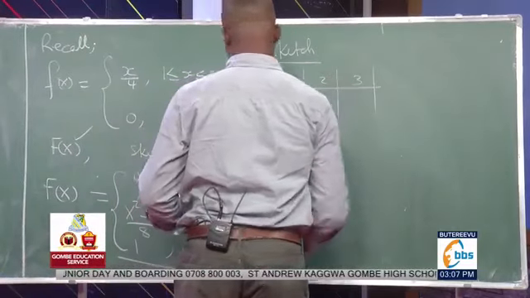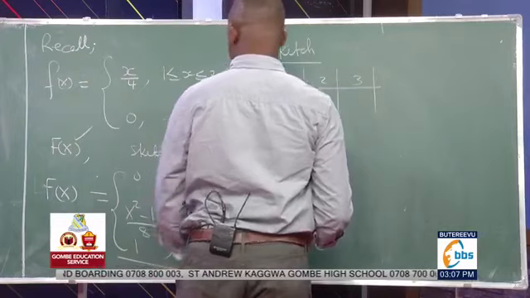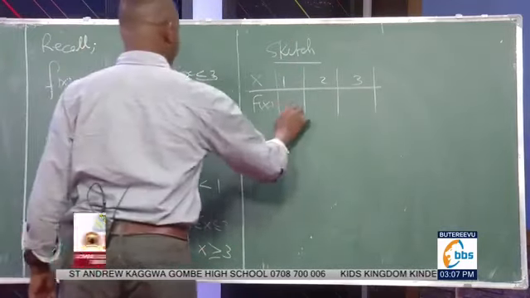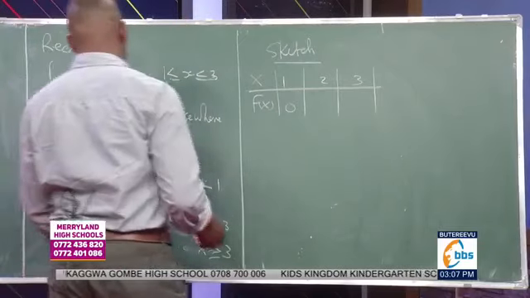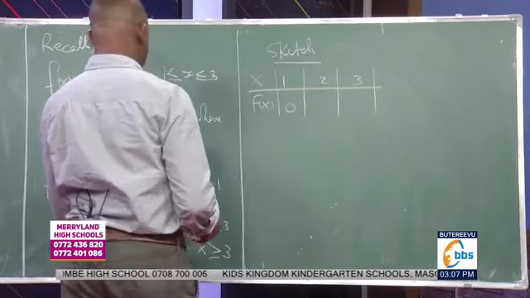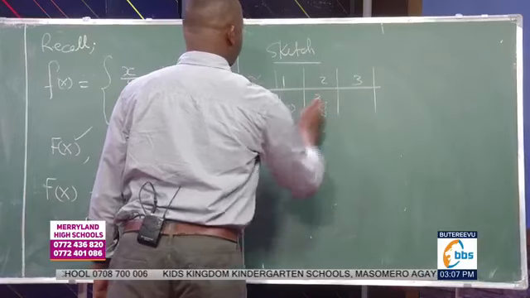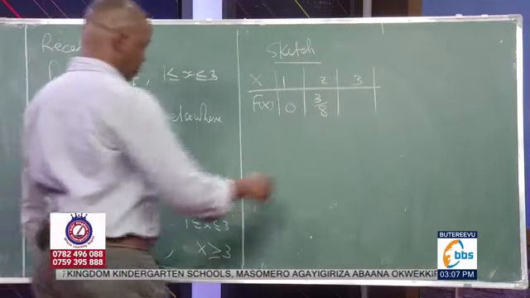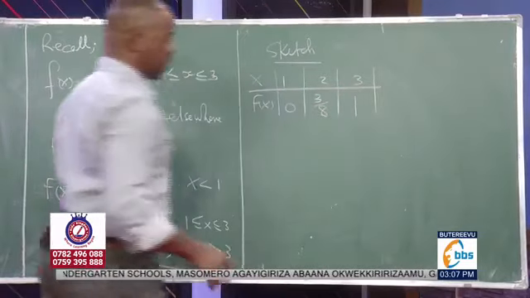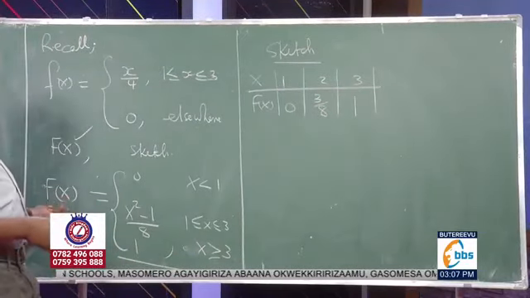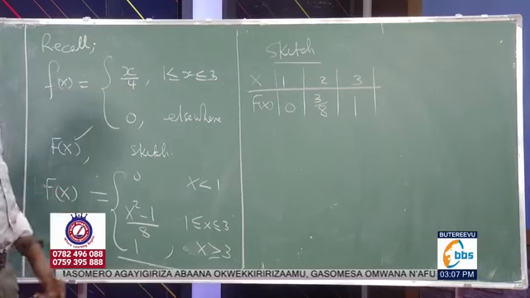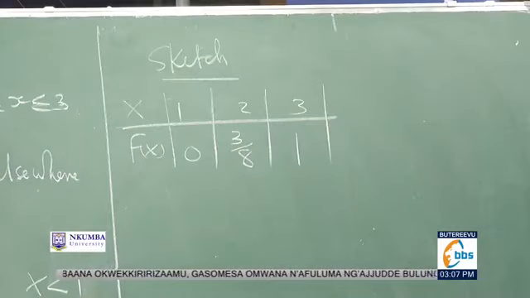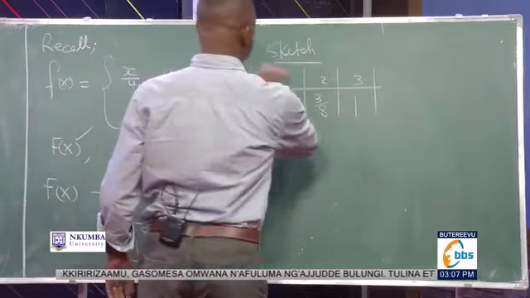When you put in 1 here, you have 1 minus 1, which would give you a 0. When you put in 2, you will get 4 minus 1, which will give you 3 out of 8. When you put in 3, you'll get 9 minus 1, which will give you a 1. If you are plotting a cumulative distribution function, note that when you substitute in the upper limit, you must be able to get 1 there.